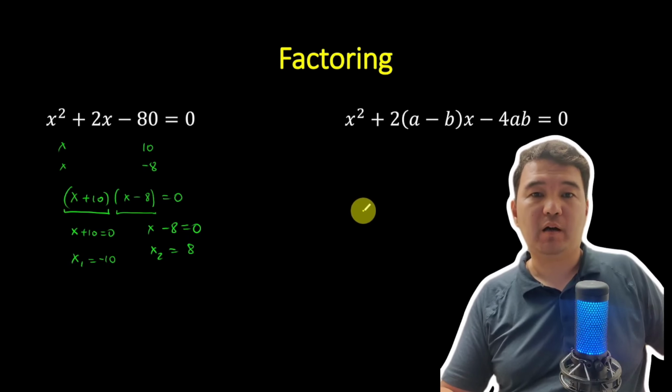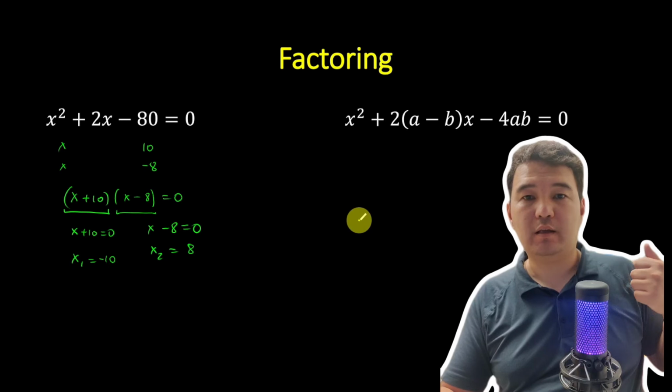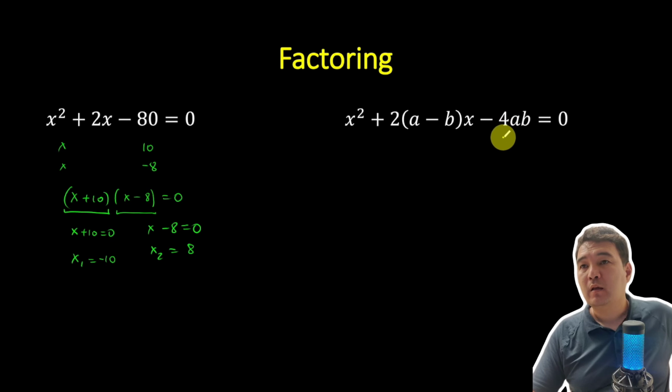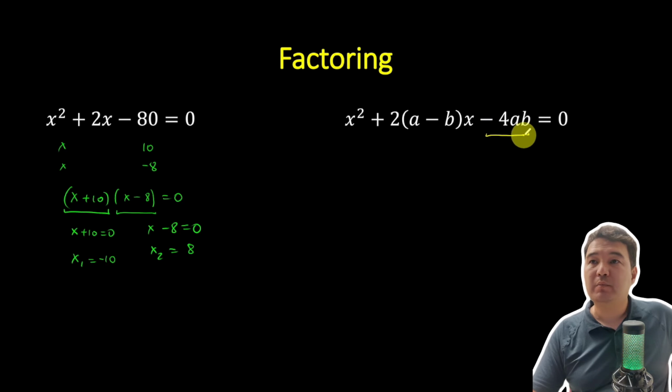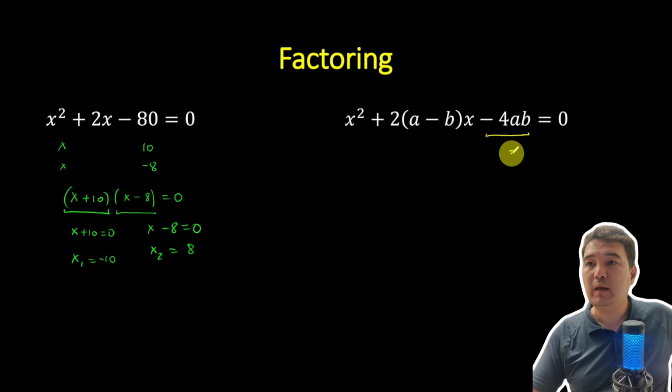Sometimes if you have parameters, you can apply the same idea, just taking the parameters into consideration. For example, here, the product of two numbers should be minus 4ab. Looking at these two, you can go with 2a and minus 2b. When you multiply them, you get minus 4ab.